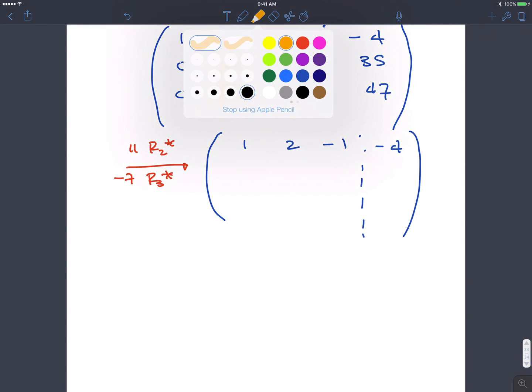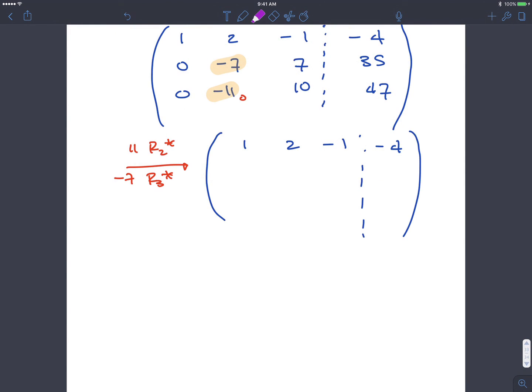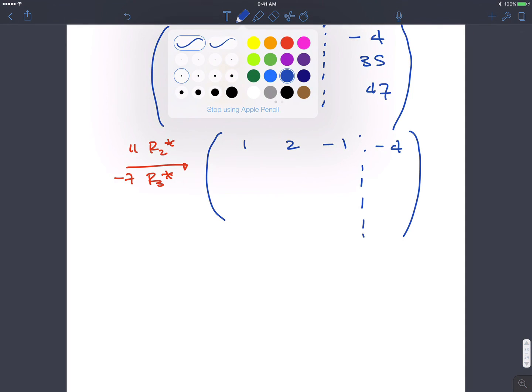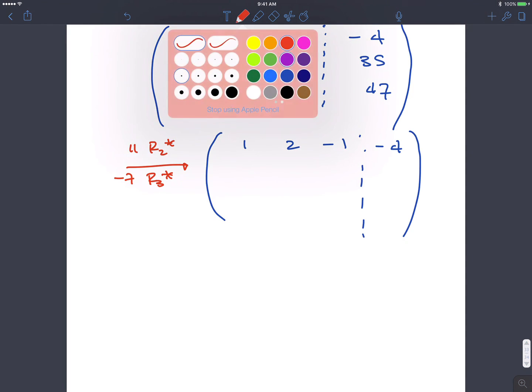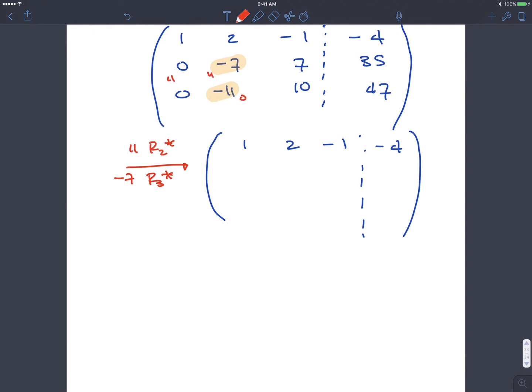Okay, let's see what happens here now. Remember, 11 is going to be multiplied with row 2. 11, 11, 11, 11. Let's remove these highlights. And here we go. 11 times row 2 gives us a new row 2.